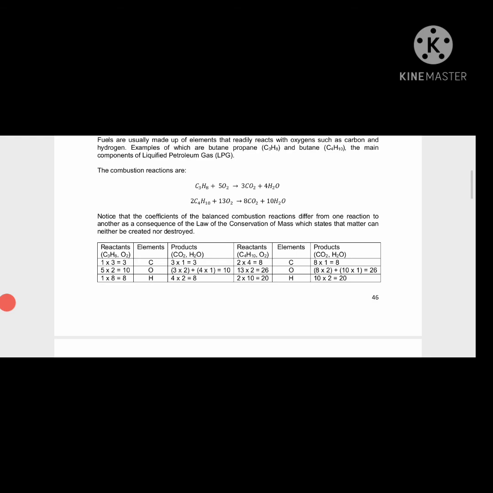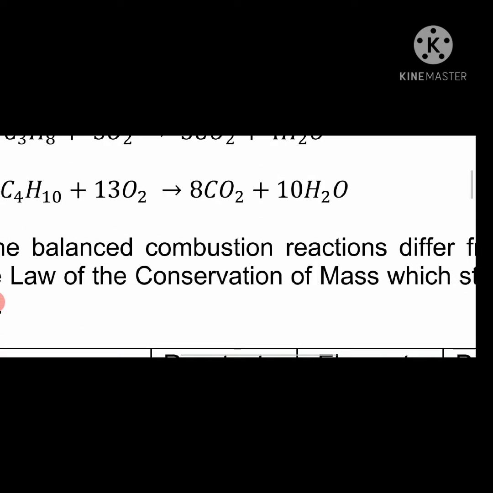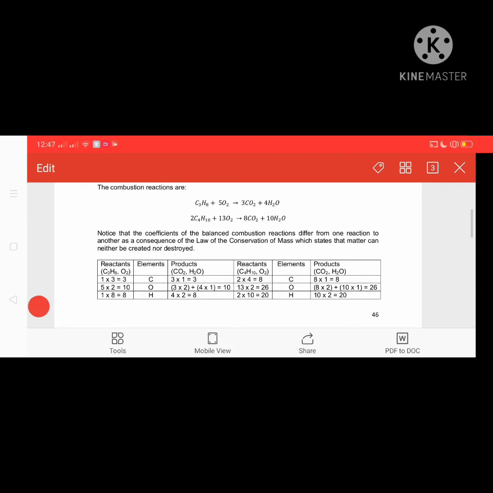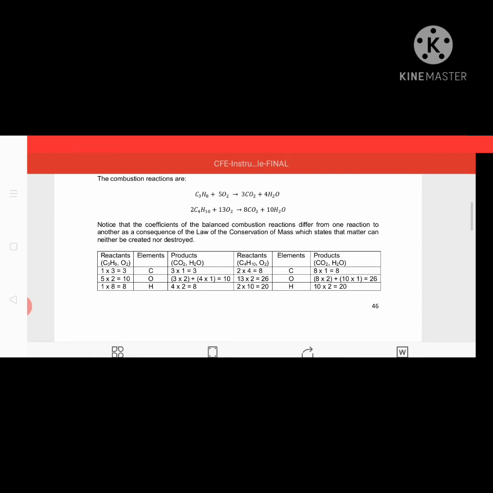For oxygen, you have 13 times 2 on one side, and on the other side 8 times 2 from the carbon dioxide plus 10 times 1 from the water.